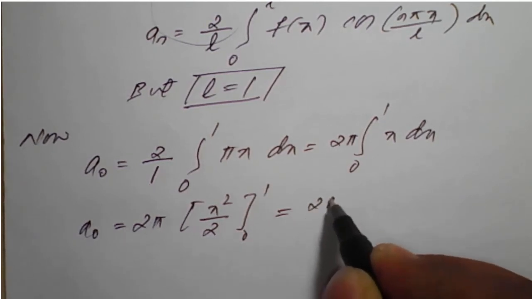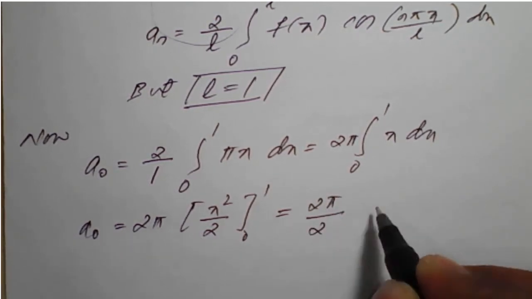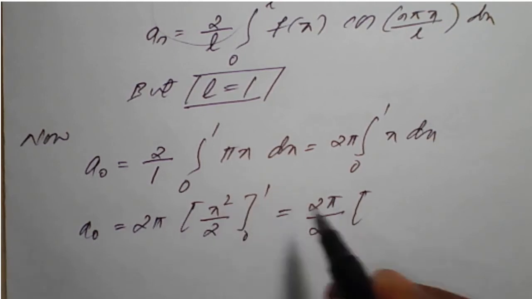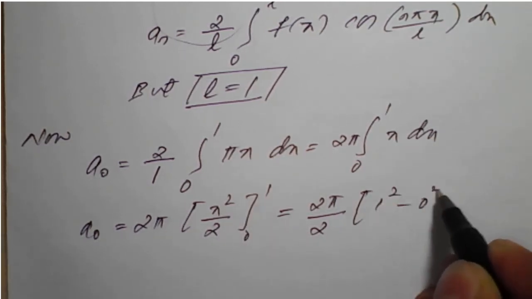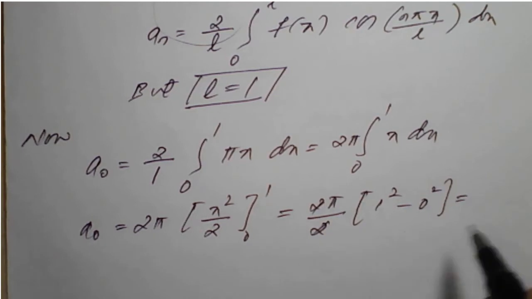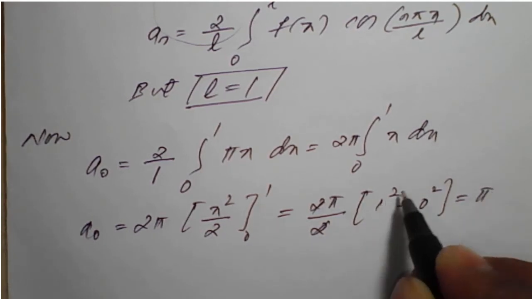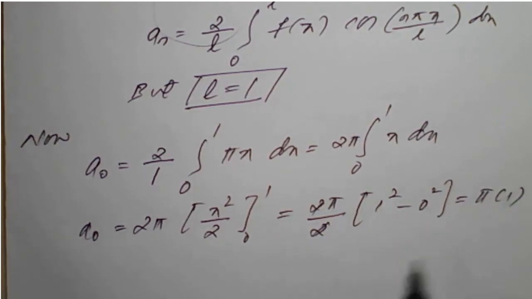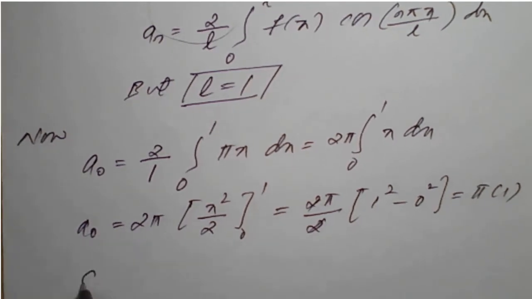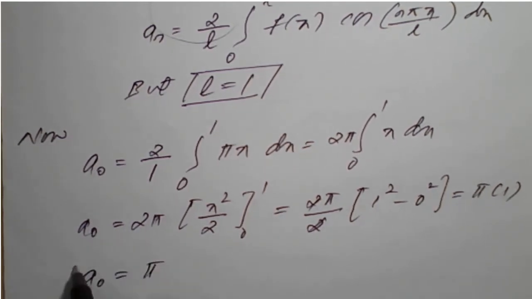Or 2 pi upon, this 2 we'll take outside. So x square, apply upper limit, 1 square minus 0 square. So 2 cancels. So pi, 1 square minus 0 is 1. So finally we can say that a naught value is pi.